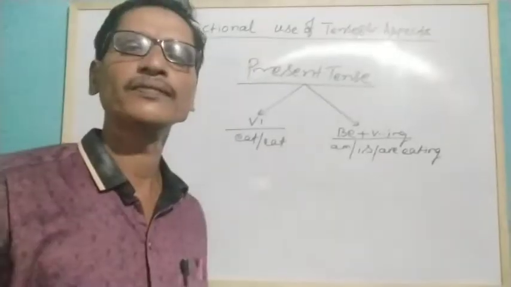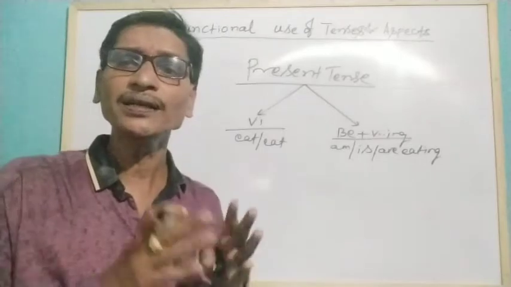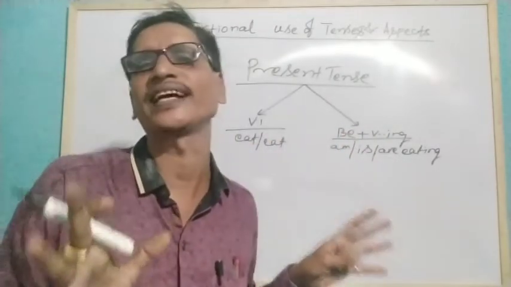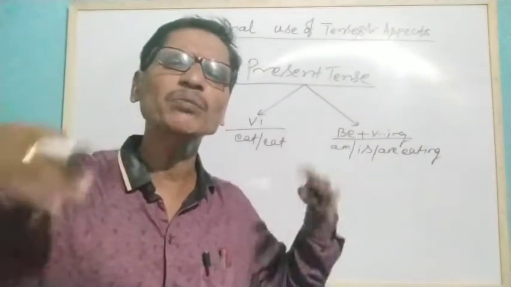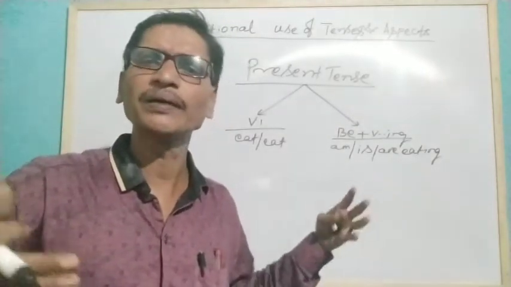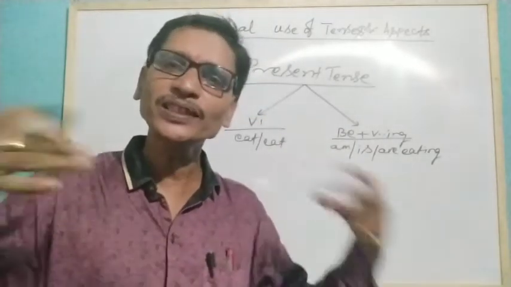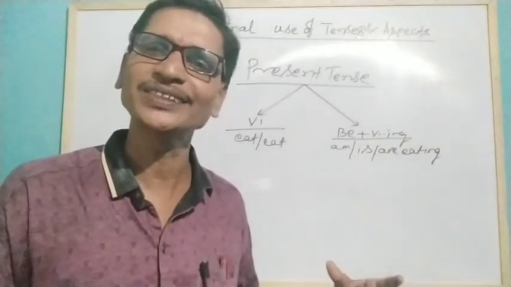As I have told you, we are now just understanding the functional use of tense. We are not going into the depth to learn more and more rules about them, but we will understand the basic rules using which we can be very fluent in talking English with confidence.